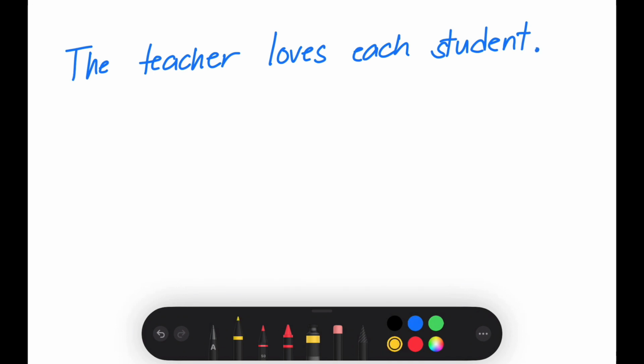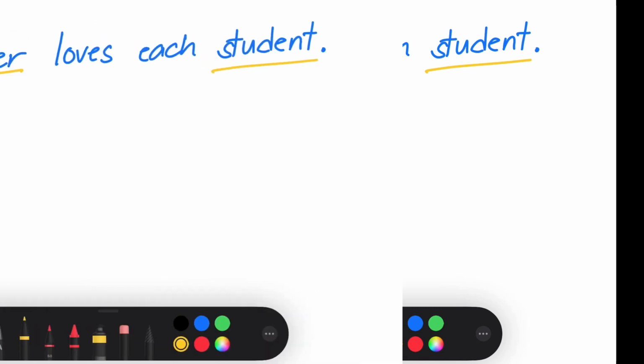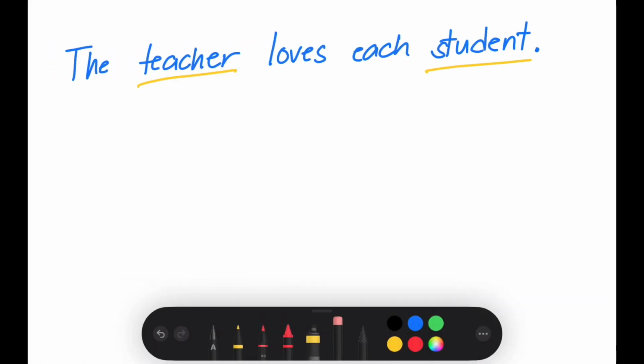Sometimes, pag hindi masyadong maintindihan ng mga students natin, they mistake student as the subject noun. So, ang subject noun natin dyan is just the teacher. The student is another noun. And I'm gonna explain that in another video kung anong function ng noun itong student, okay? So, subject noun is the teacher.